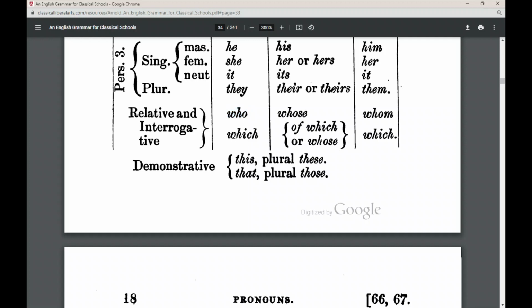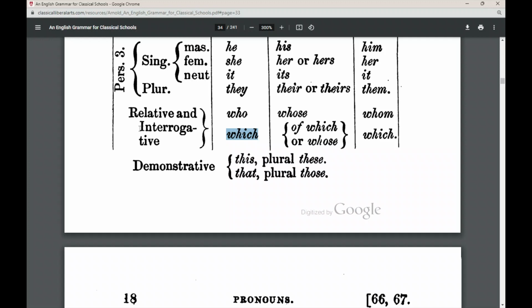And then which is normally used for a neuter person, a person that's not male or female. We planted a fruit tree which will bear fruit in September. So who is used normally for masculine and feminine third persons as a relative pronoun, which is used for neuter pronouns.